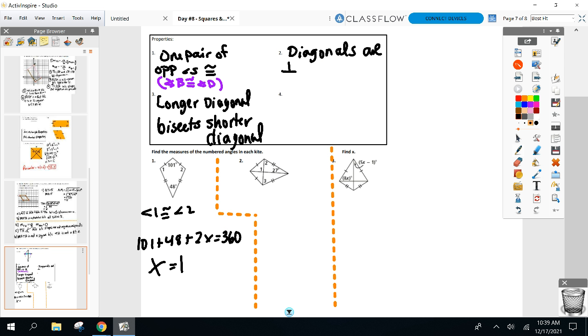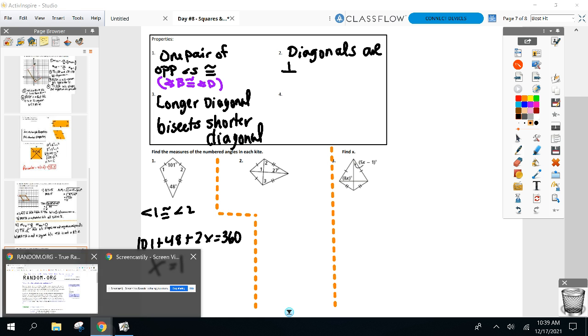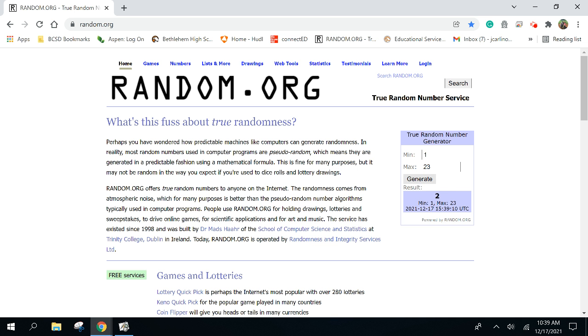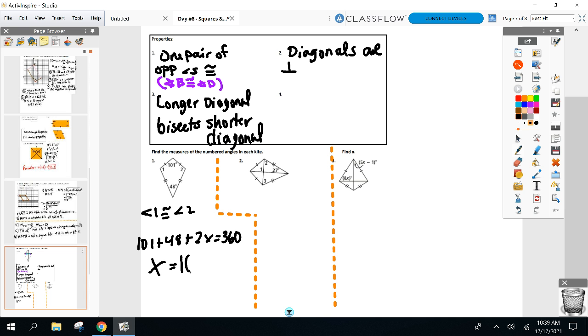Angles 1 and 2 both are? Problem number 1 is 105.5. Don't sound so enthused. Okay, good there. All right, let's go to 2.